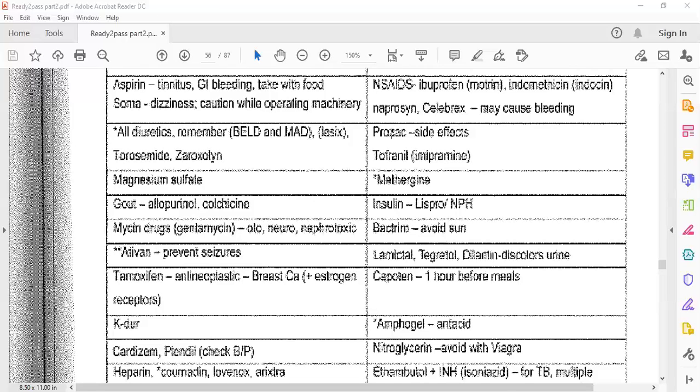Basically, Prozac is used in the treatment of major depressive disorder or obsessive compulsive disorder, or we use it for eating disorders like bulimia nervosa, or even premenstrual dysphoric disorder or panic disorder.